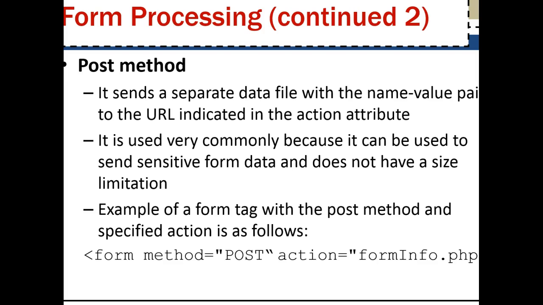So we prefer to use the post method. So how to use that? You can put form, method, post, and then you put the action, and it's normally a PHP file. When you learn in the PHP class, where I teach the data-driven website, you will see that you can create a form much more easily.